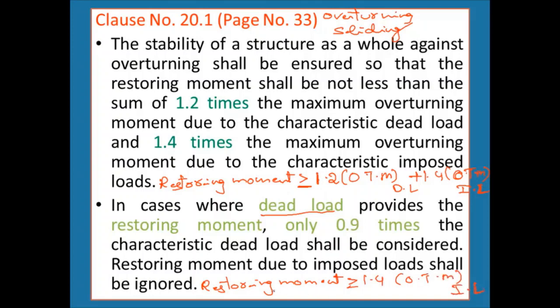But since the restoring moment is because of the dead load, it must be multiplied with 0.9. So whatever the restoring moment is, it must be considered as 0.9 times the restoring moment due to the dead load.